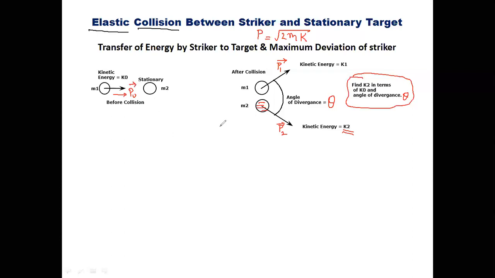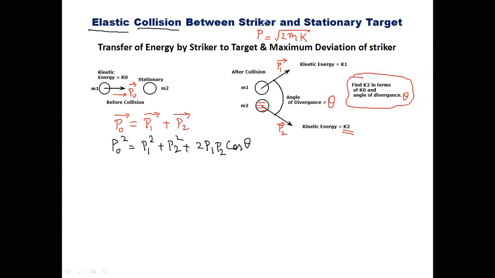Since linear momentum is a vector quantity and it is conserved, P0 vector equals P1 vector plus P2 vector. Then as per the law of parallelogram, P0 square equals P1 square plus P2 square plus twice P1 P2 cosine theta.